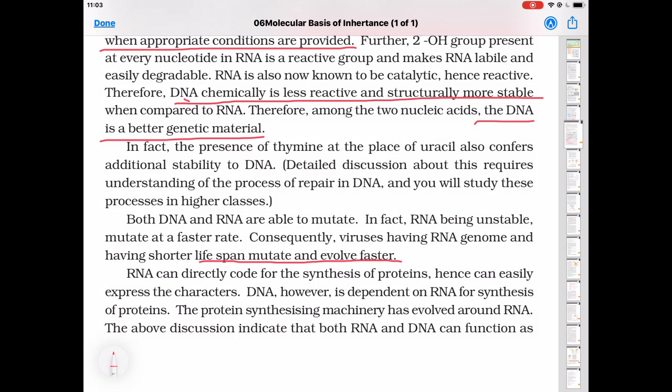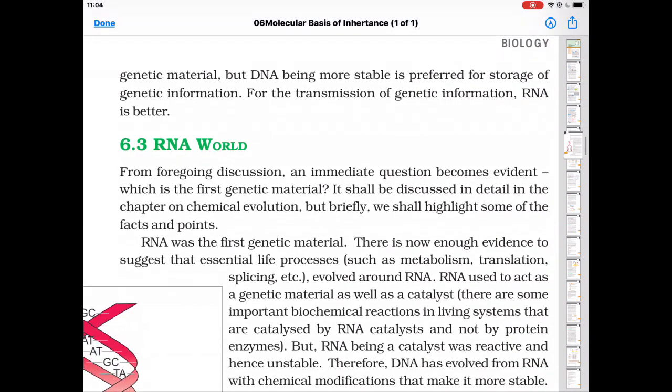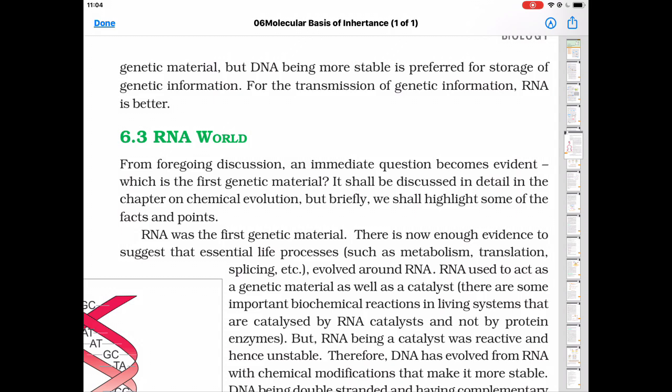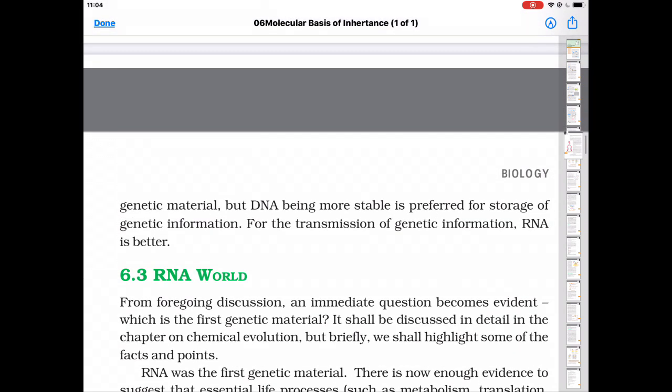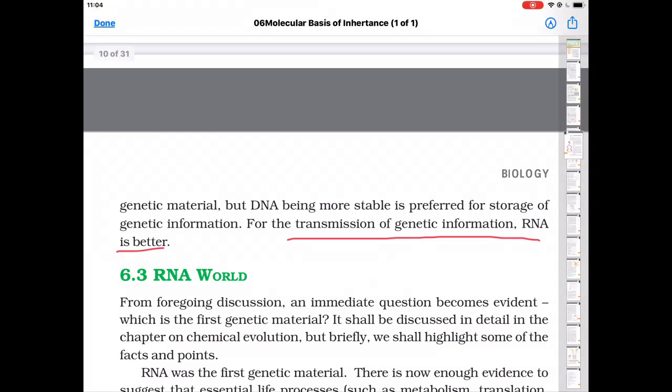So from the above discussion, we can say that both RNA and DNA can function as genetic material, but DNA, being more stable, is preferred for storage of genetic information. For the transmission of genetic information, RNA is better, because from RNA directly proteins are synthesized. For stability, DNA is there. For transmission of genetic information, RNA is better.